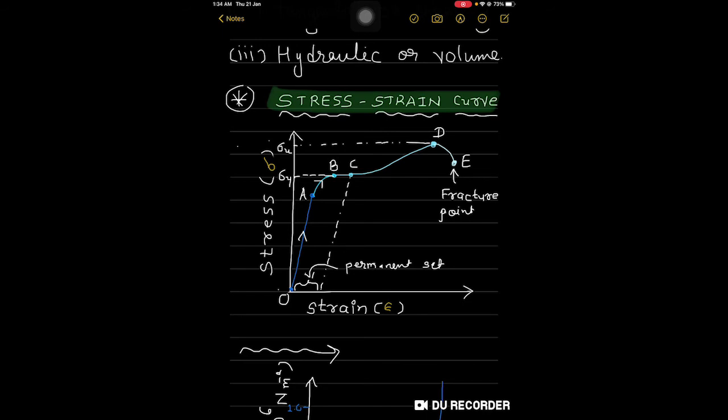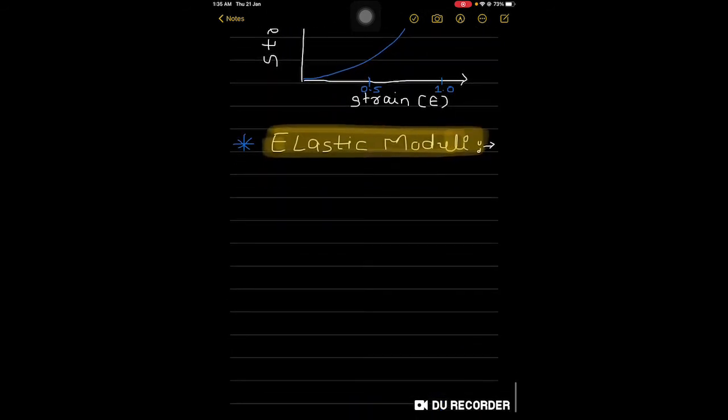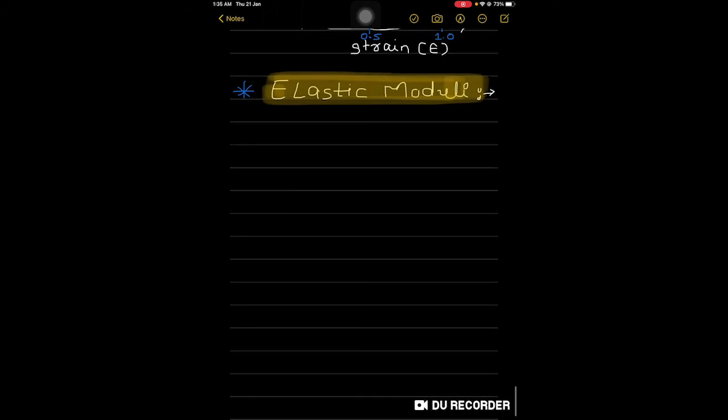The ratio of stress and strain is called modulus of elasticity and is found to be a characteristic of the material. So that ratio, sigma over epsilon, is termed as modulus of elasticity.